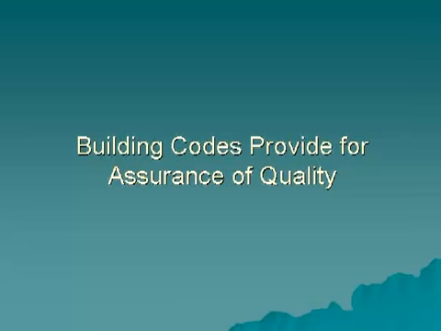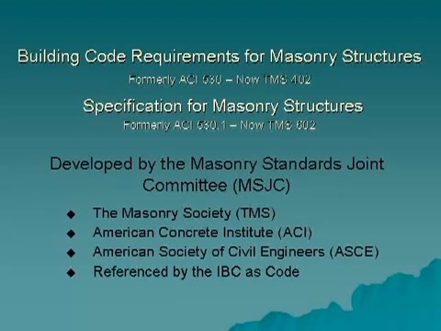Let's begin. Design and construction of masonry is now governed by the Building Code requirements for masonry structures, formerly ACI 530, and the specification for masonry structures, formerly ACI 530.1. In use, both the Building Code and the specification are sometimes referred to as the MSJC code.